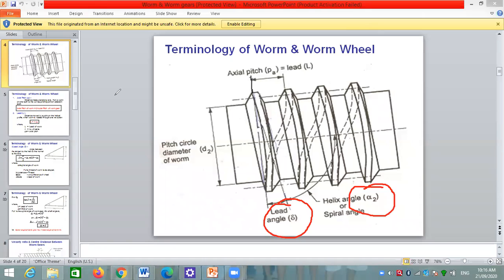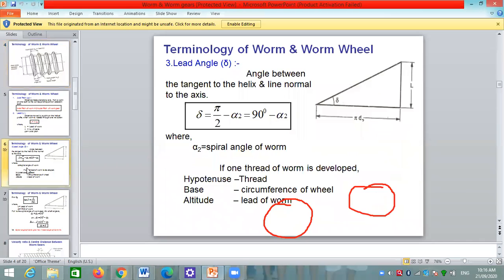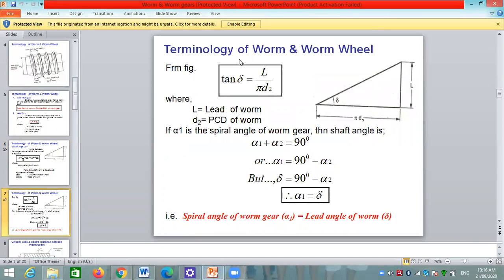So here delta is equal to pi by 2, that is 90 minus alpha 2, where alpha 2 is the spiral angle for a worm and alpha 1 is the spiral angle for a worm wheel. Okay, then if we see in this image, tan of delta is equal to lead by pi d2, lead of the worm, and d2 is the pitch circle diameter of the worm.